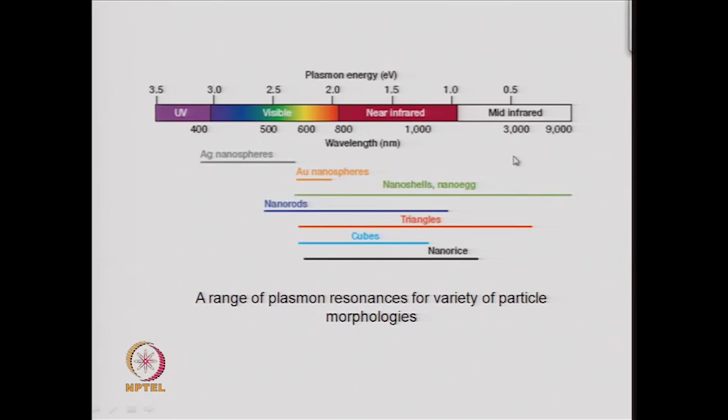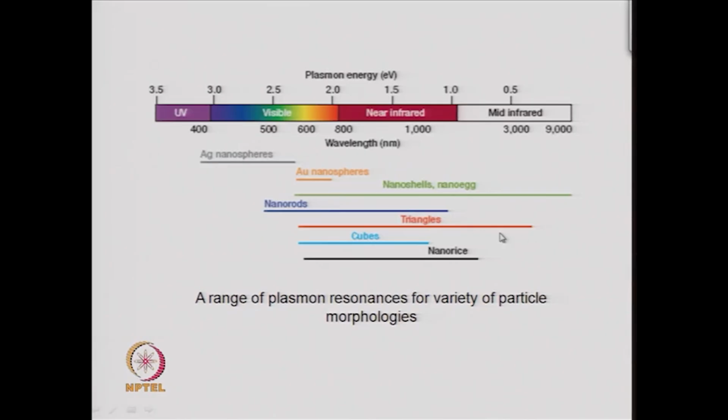So, you can not only get brown color, red color, you can get colorless particles of gold as shown in the figure. Then using nanorods, you can get from nearly bluish in color up to brown color. With nano triangles, gold can also be made in triangular form, not only as a disc, not only as a sphere, not only as a nanorod, gold can also be made as a triangle.